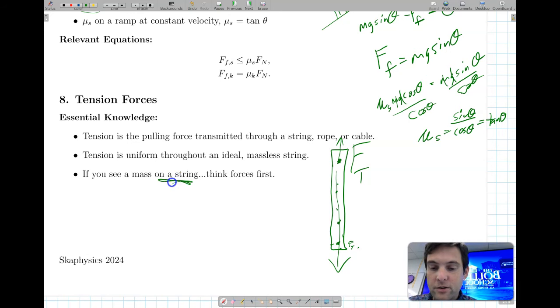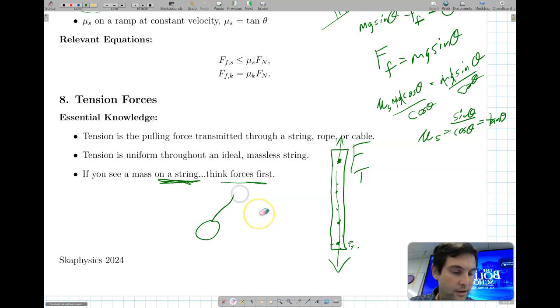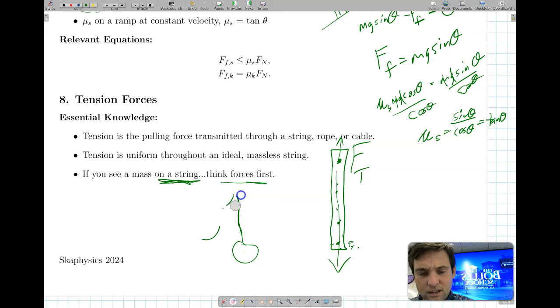If you do see mass on a string, think forces first, unless it's a pendulum like this. If we've got a pendulum, I might ask you to think about conservation of energy, because we'll have a height and a maximum velocity. You know what? Let me go off script here and consider this pendulum.